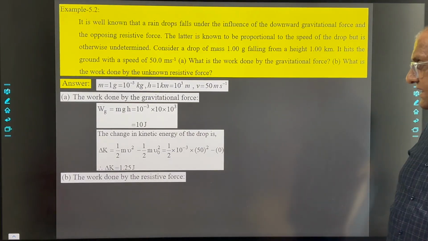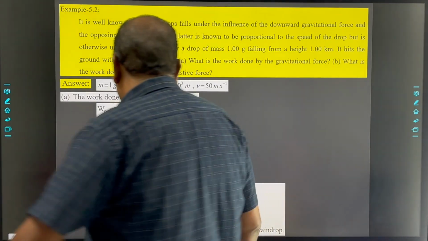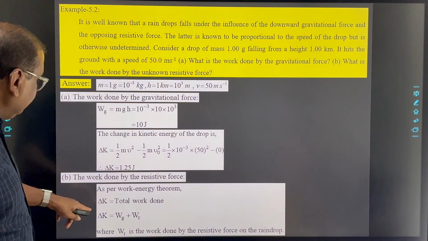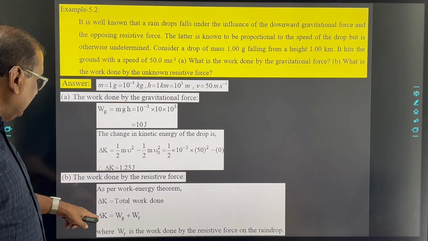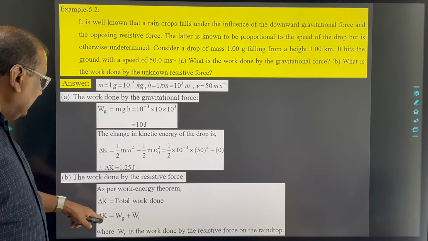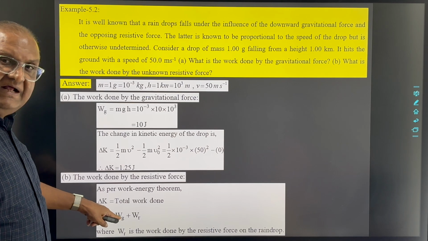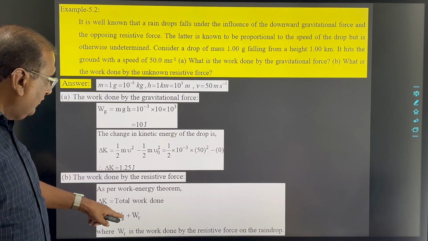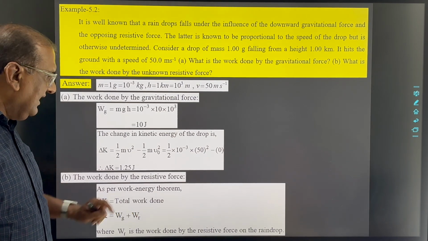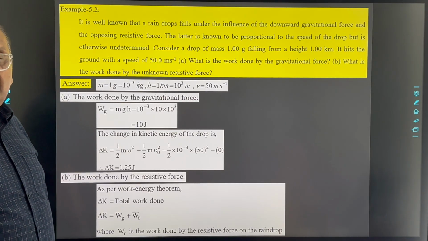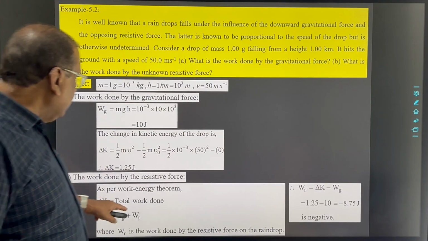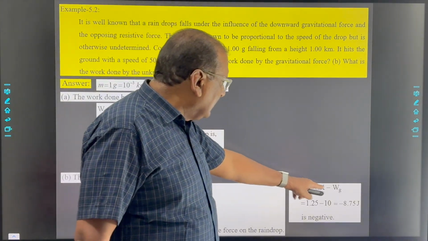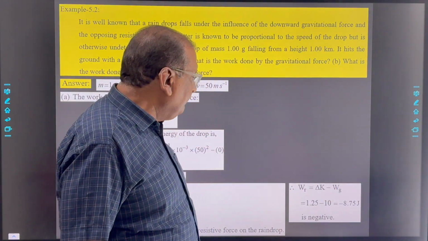So, as per the work energy theorem, delta K equals Wg, the work done by gravitational force, plus the work done by resistive force on the raindrop. Clear?